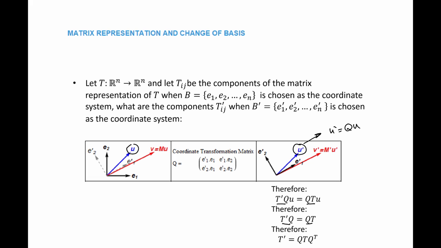And the relationship between the matrices, here I'm calling it T and here T prime, after coordinate transformation is that T prime is equal to QT Q transpose.